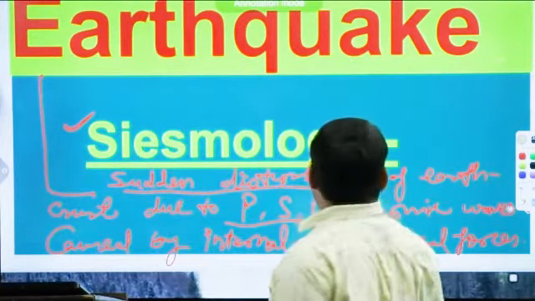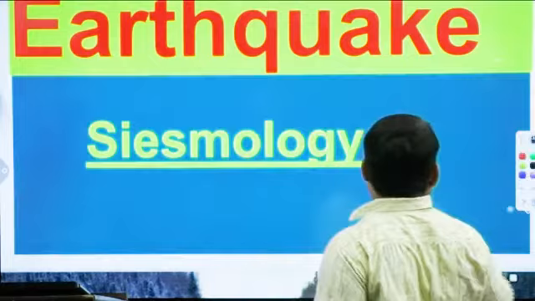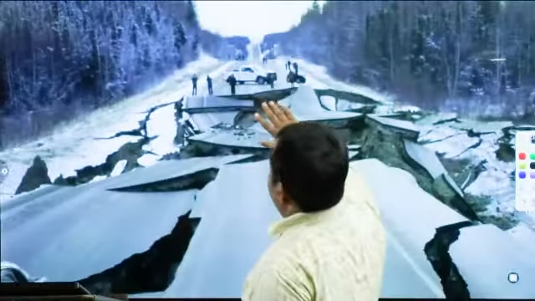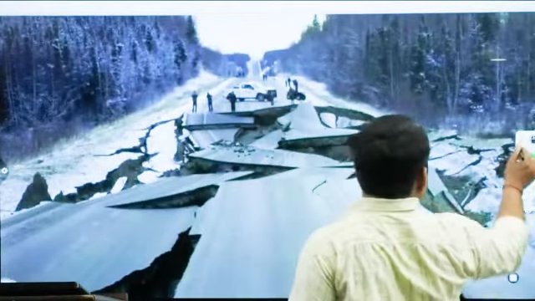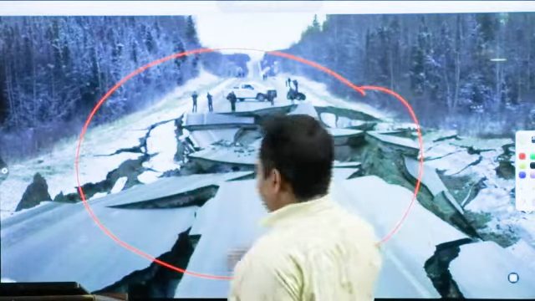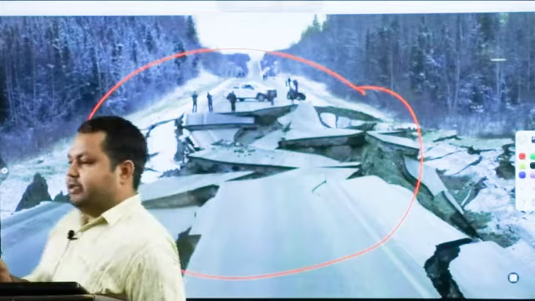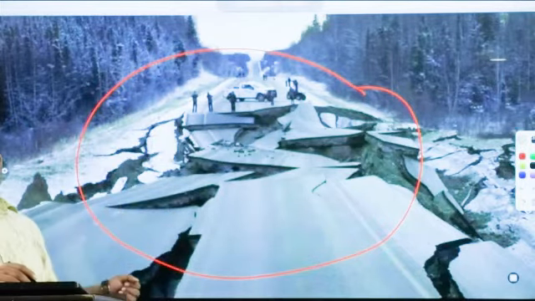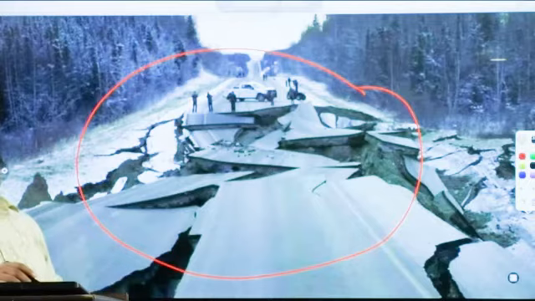The next point related to this topic, first of all you see the damage occurring under influence of earthquake. These kinds of damages take place. The road has become ruptured, completely broken, due to earthquake.